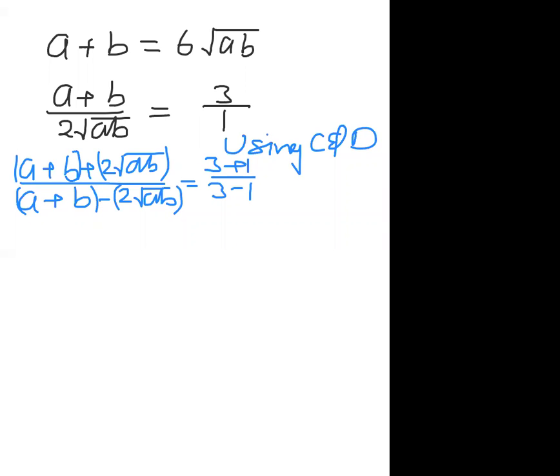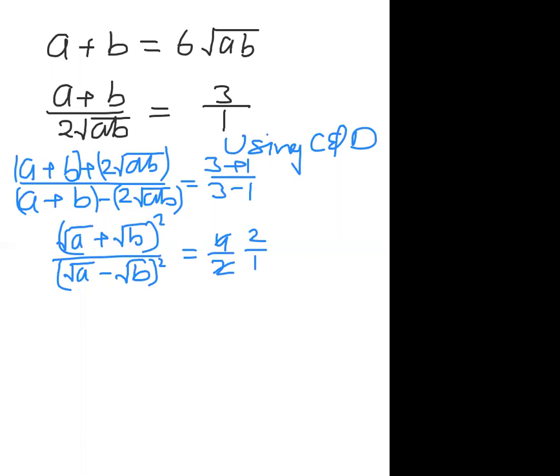So now what I could write: A can be written as root A whole squared. So this can be represented as under root A plus under root B whole square upon under root A minus under root B whole square equals 4 by 2.